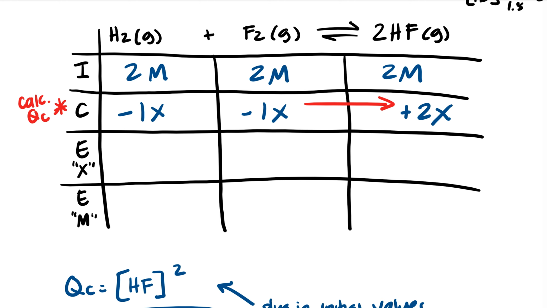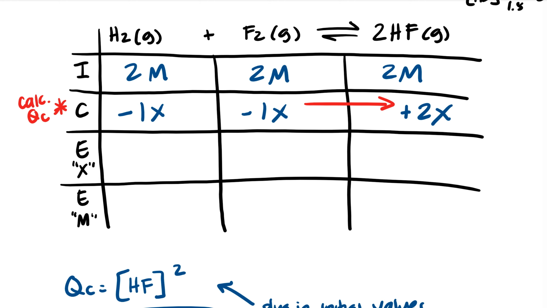Paying close attention to the fact that we're moving forward, so we have to add to the product side, subtract from the reactant side. And also remember the coefficients from the balanced equation, carry them down. They're going to be the coefficients in your change row. So because the hydrogen fluoride has a coefficient of 2, it's going to be plus 2x on that change row.